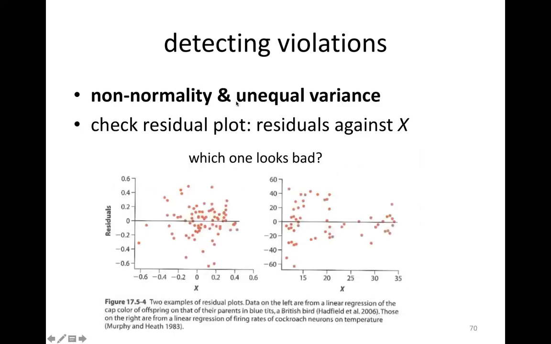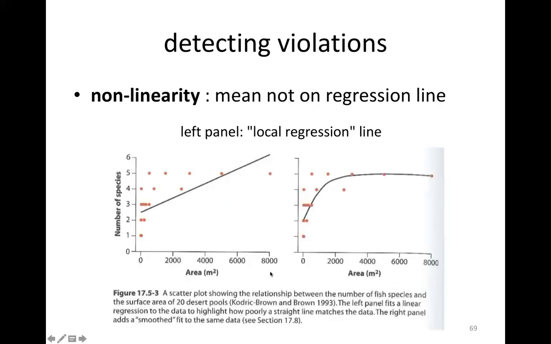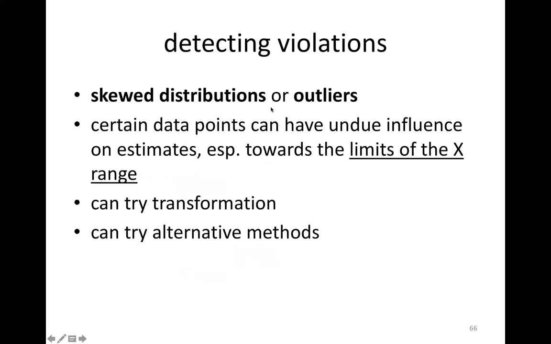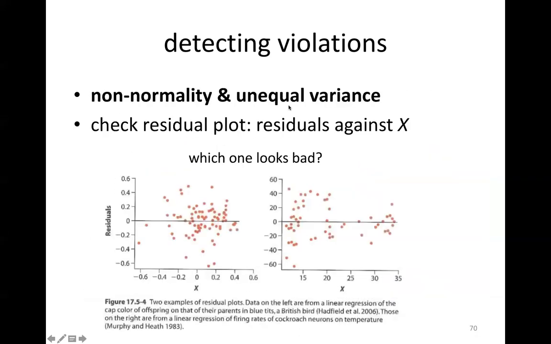Another type of, not another type of issue, I'm sorry. If there is a non-linearity, or if there are skewed distributions on the y, one way to observe that would be to check the residuals against x.